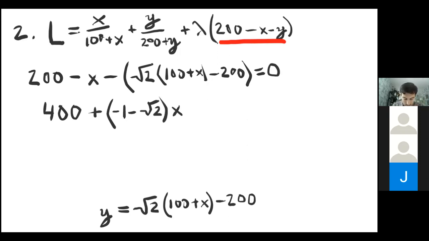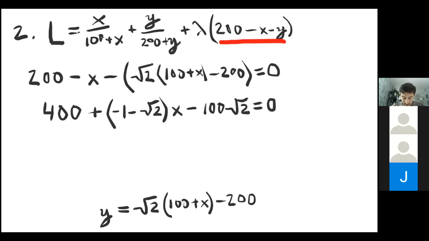And then the only other thing I have here is a minus the square root of 2 times 100, or I'll say 100 radical 2, equals 0. And that's right.